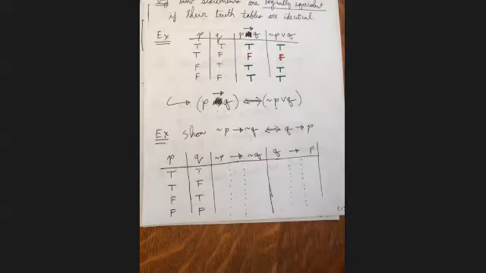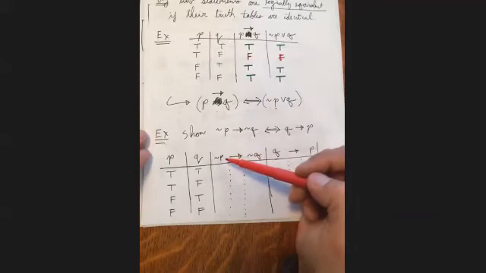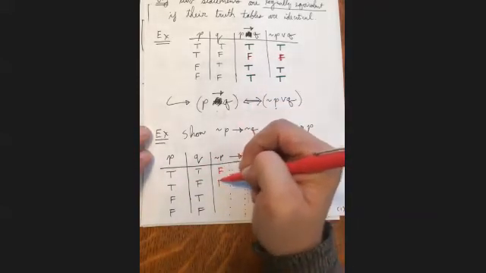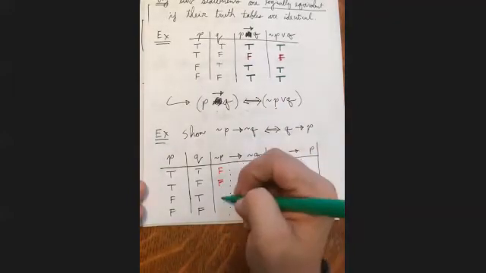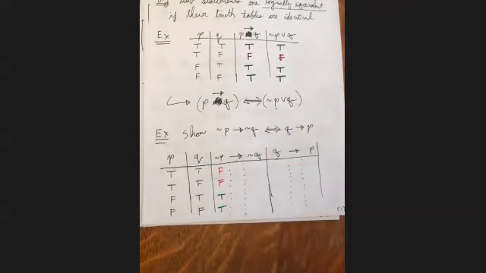Okay, so let's do it. Whenever P is true, not P is false. Okay, so true, true means false, false for not P. And then when P is false, not P is true.